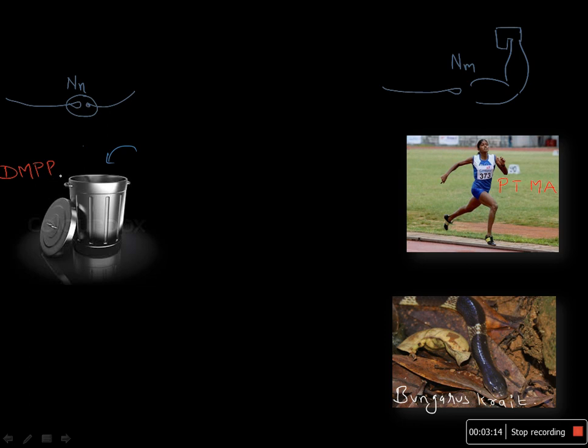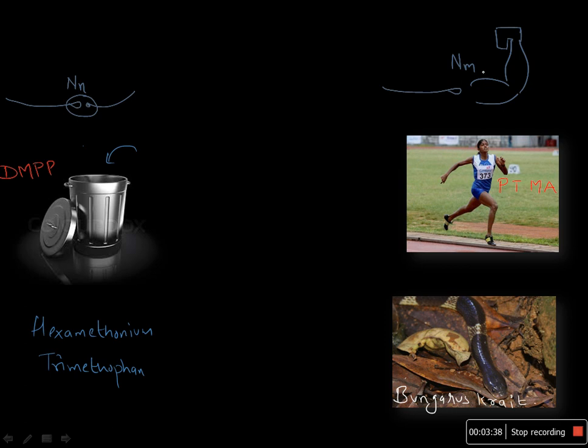The antagonists for the NN junction are hexamethonium or trimethaphan.